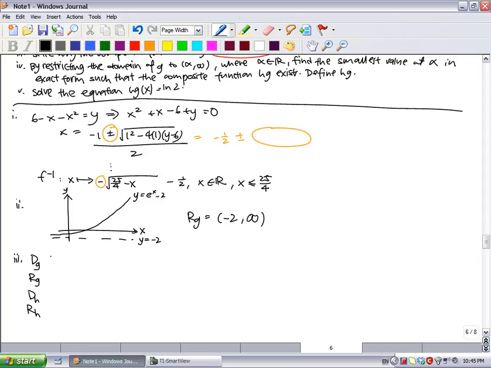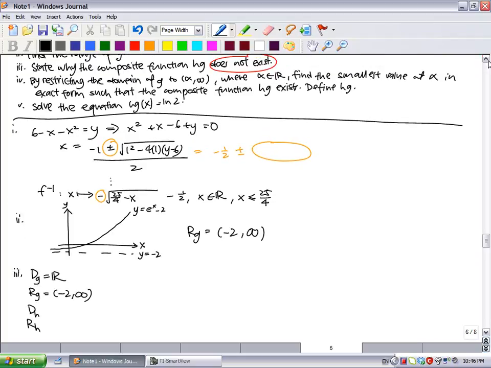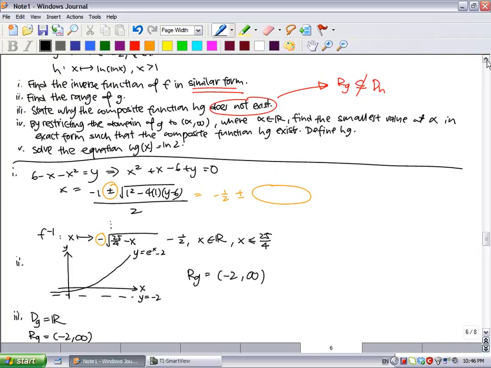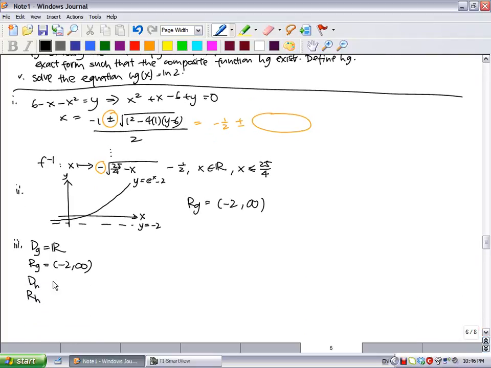The original domain of g was the set of real numbers. The original range of g is negative 2 to infinity. Original domain of h, let me see what is h, is x bigger than 1, so it is just 1 to infinity, and we'll leave the range for later.